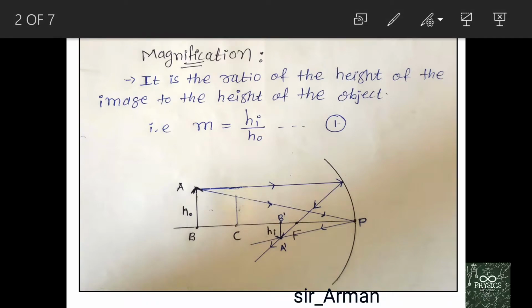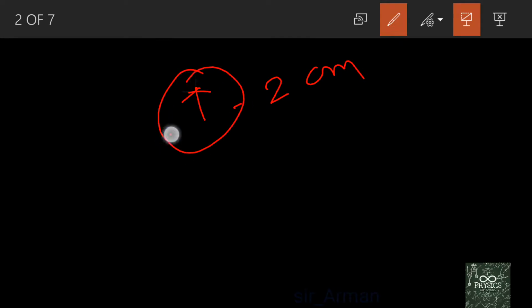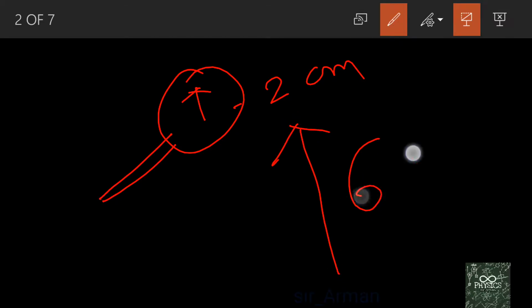Suppose you are using a magnifying lens to see this arrow. It is a small arrow and assume that its size is 2 centimeter, and with the help of the magnifying lens you observe that it is magnified and you are seeing it 6 centimeter long.